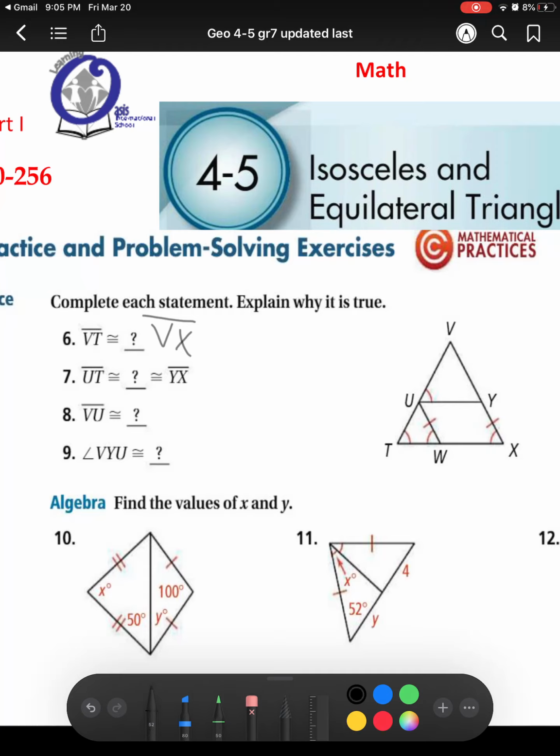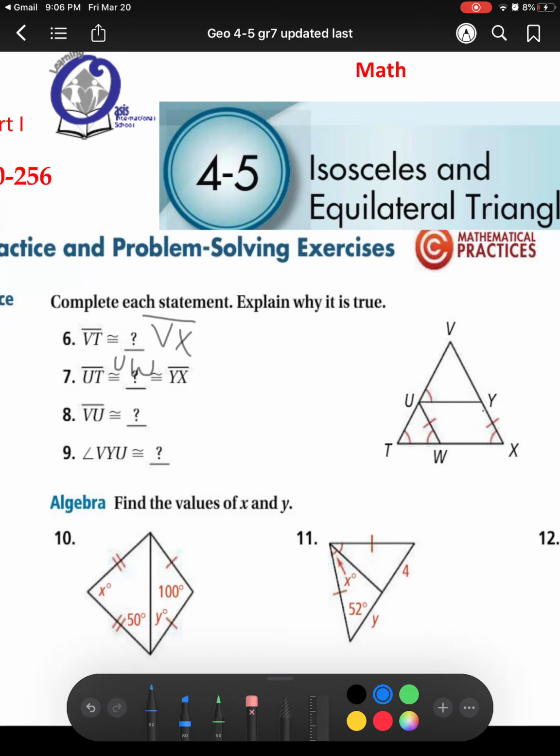UT, this is UT, is congruent to which side? It's congruent to YX. YX is congruent to UW, so I can say UW. VU, where's VU?